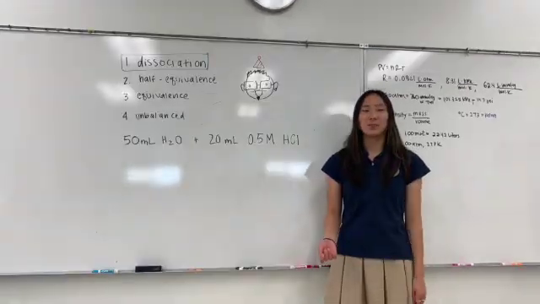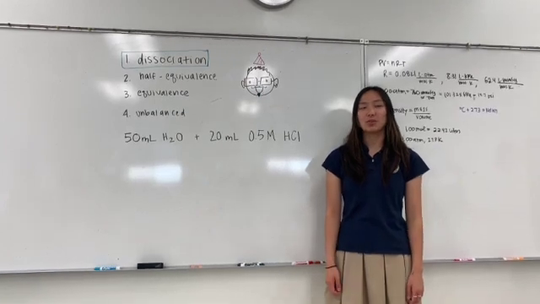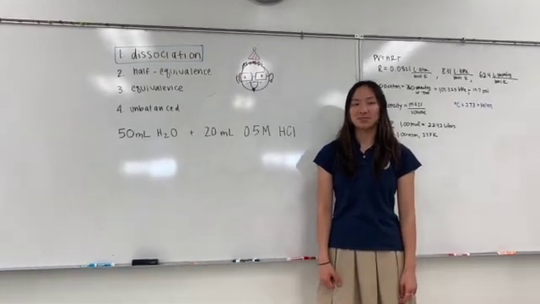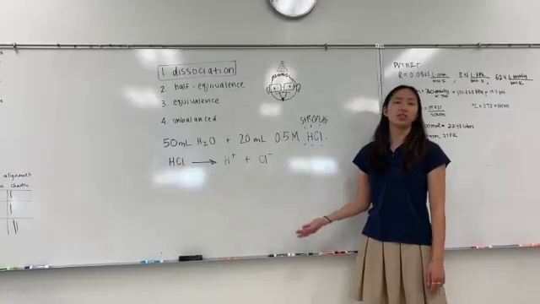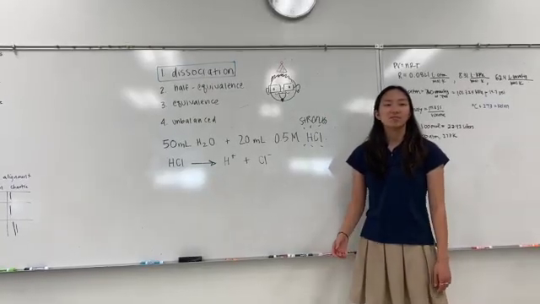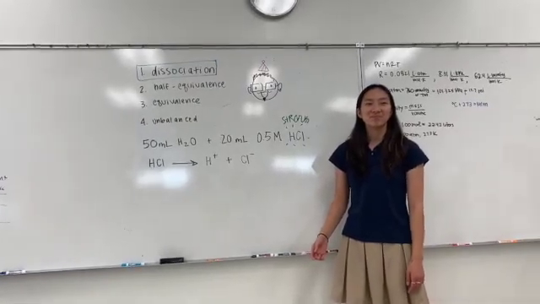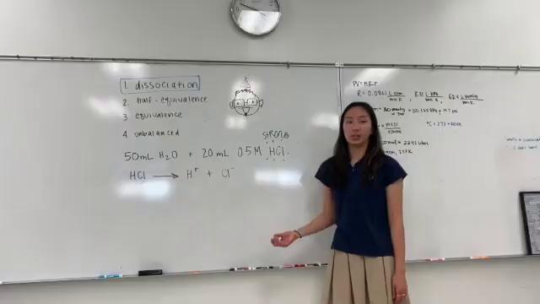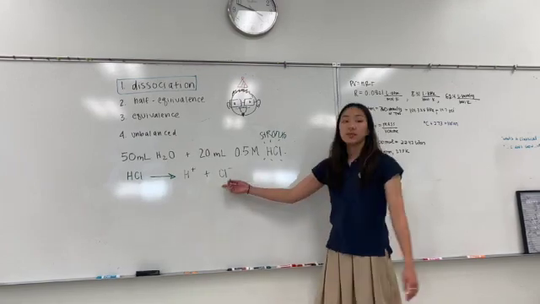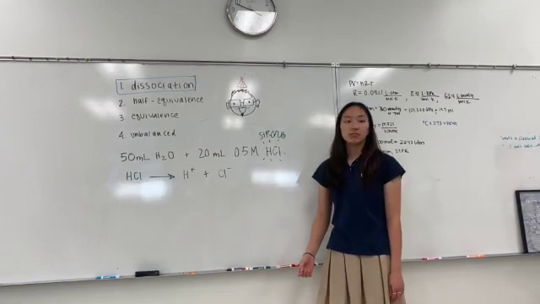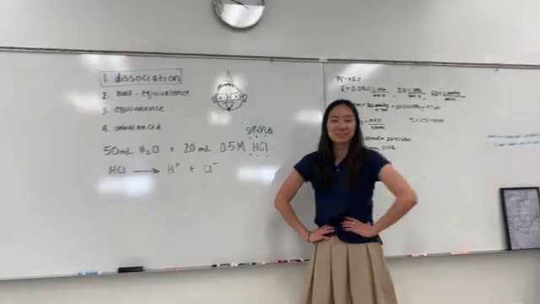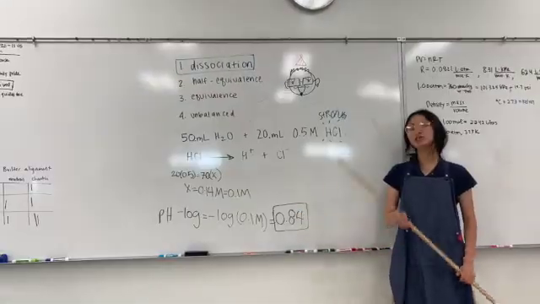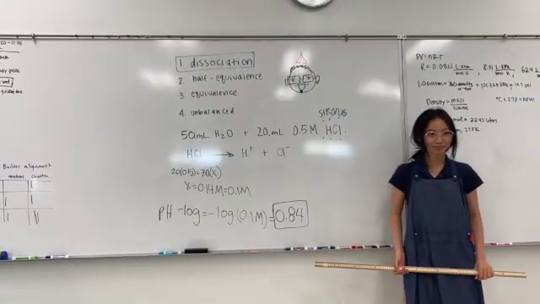Take a cup of water and 20 milliliters of 0.5 molar solution. Okay. Dissociates completely. Yes. Dissociates in water. There's only the conjugate left, and let's use this to calculate.